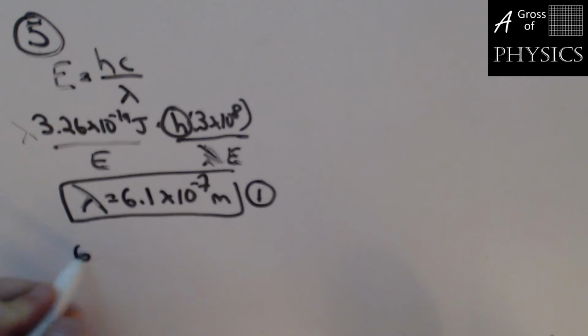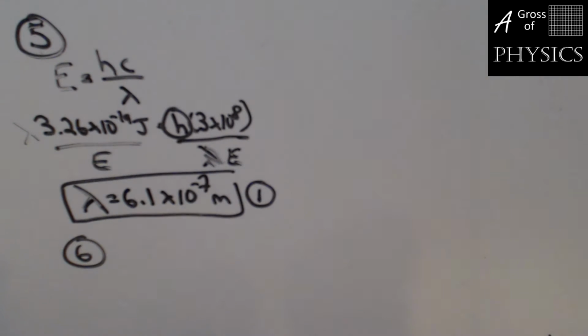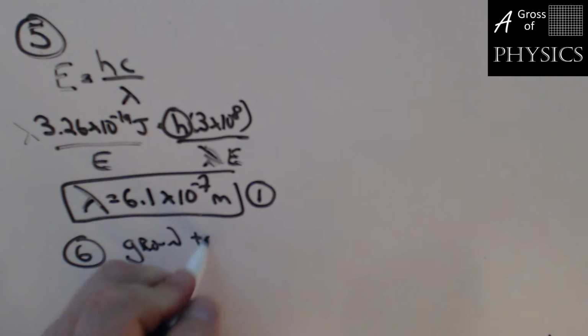All right, let's move on to 6. How much energy is required to move an electron in a mercury atom from ground state to level h? What we need to do is look at our reference table for this one.